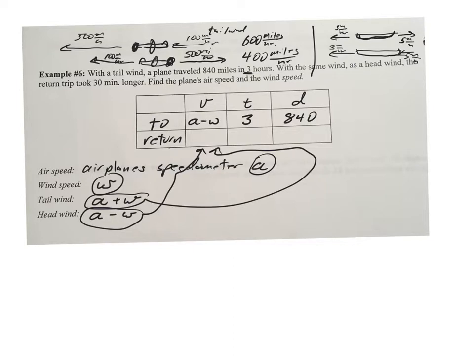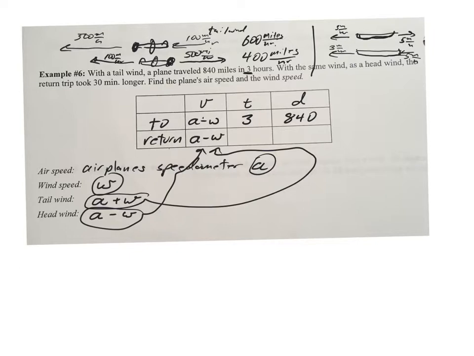When we return, we're going to be going with the wind. Oh my goodness, you guys are going to kill me. It says the headwind is the return trip, so the A minus W needs to go on the bottom.